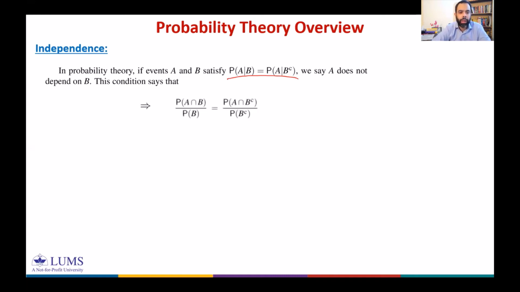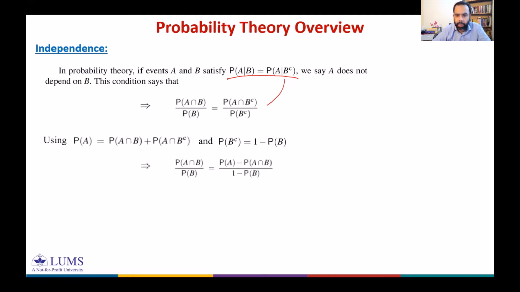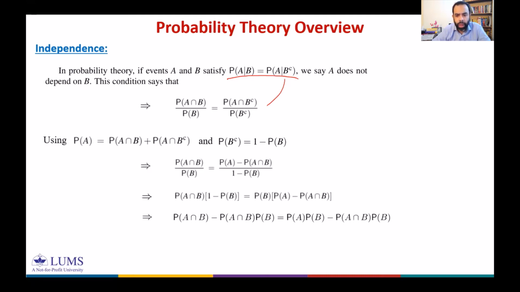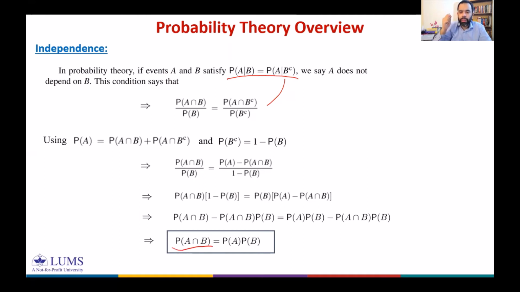Mathematically, we can write this as probability of A intersection B divided by probability of B, and this can be written as probability of A intersection B complement divided by probability of B complement. So after some algebraic manipulations, we obtain the final result, which is very, very important. Probability of A intersection B is equal to probability of A times probability of B. So on left hand side, we have probability of A intersection B. That means event A should occur and at the same time event B should occur.